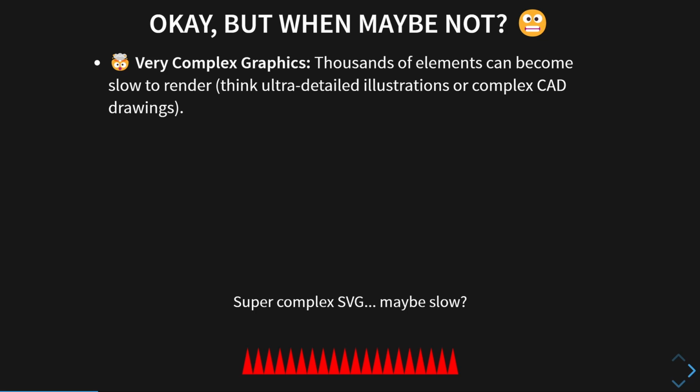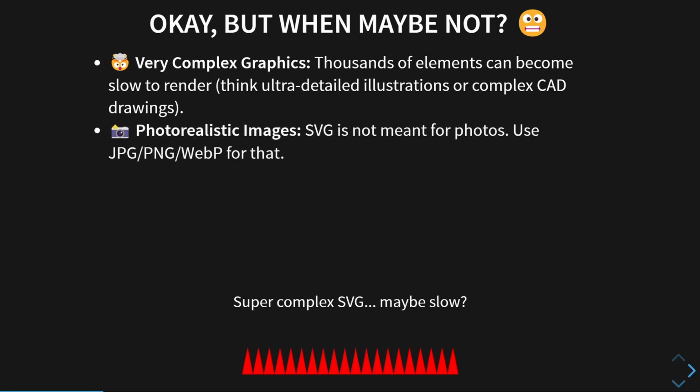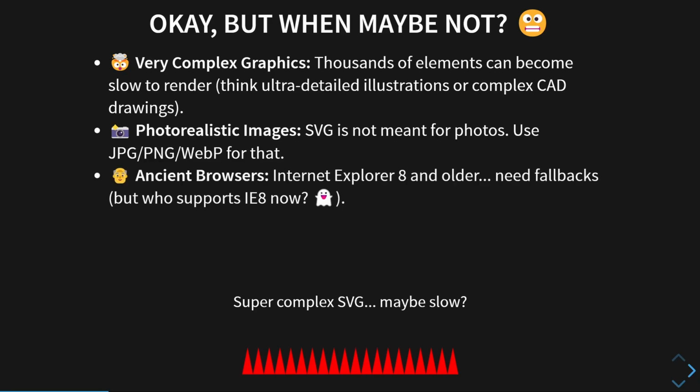Vector graphics just can't represent that level of detail efficiently. Stick to raster formats like JPEG or WebP for photos. And while browser support is fantastic now, if you really need to support dinosaurs like Internet Explorer 8, well, first, my condolences, and second, you need image fallbacks.